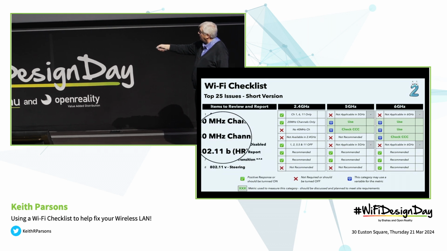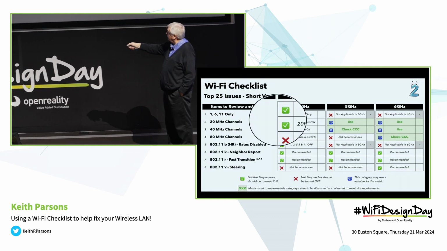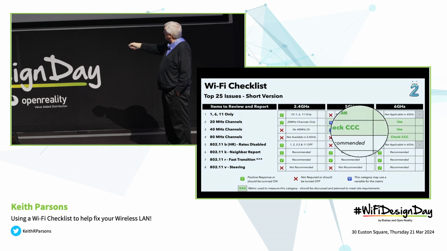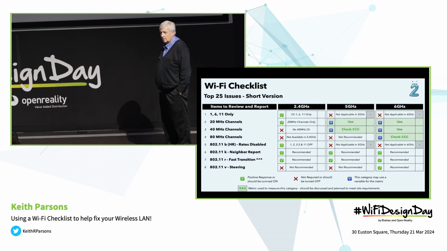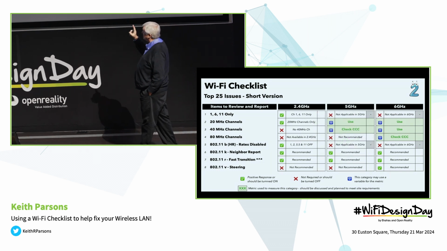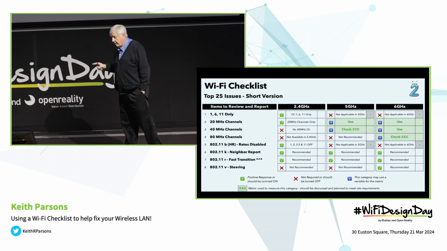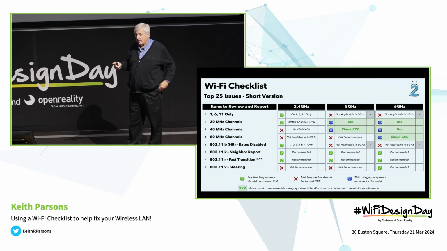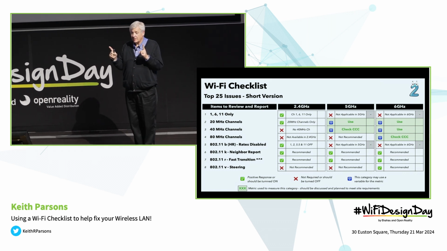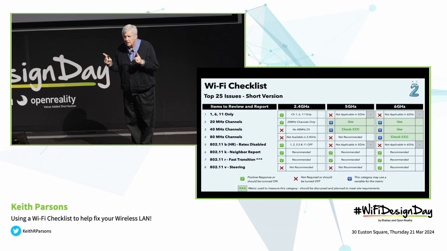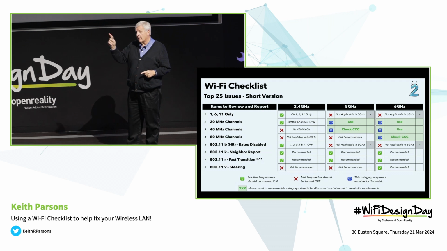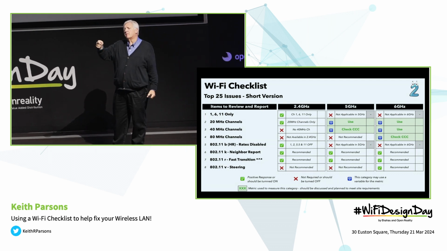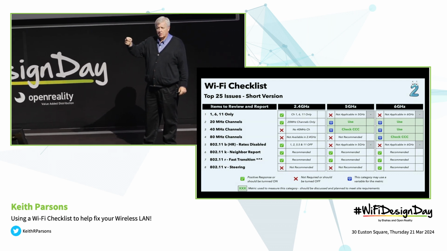We don't want a 40 megahertz channel in 2.4, but in 5 gig, it's okay. I do say check CCC, co-channel contention, because if you have 2 APs on the same channel and they hear each other, you have contention. I've seen some things. You can even go on Echo and set that. Oh, we'll accept 3, 4.